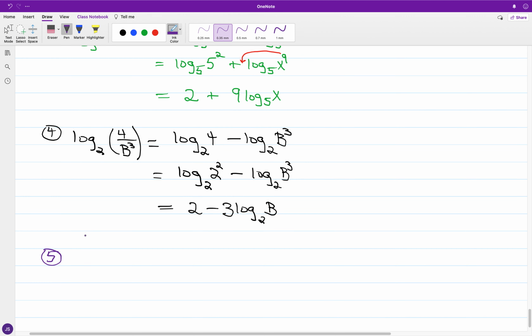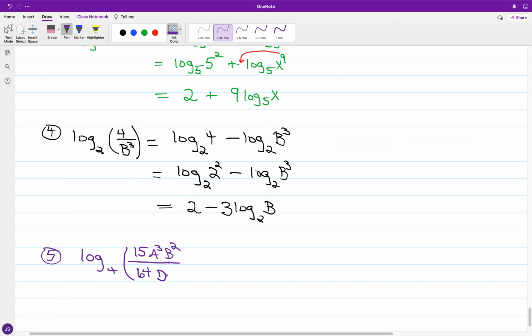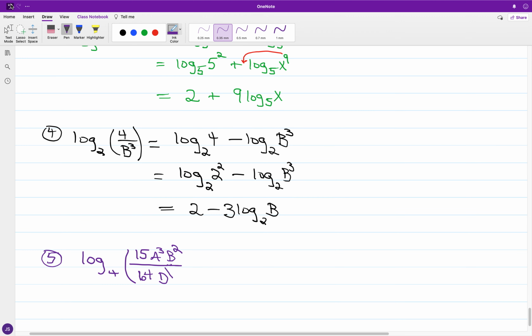Now let's say we have simultaneous multiplying and dividing. We'll say we have the base 4 logarithm of 15 a to the 3rd, b to the 2nd, over 64 d to the 5th.